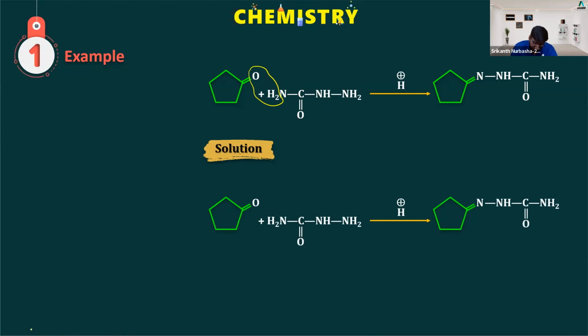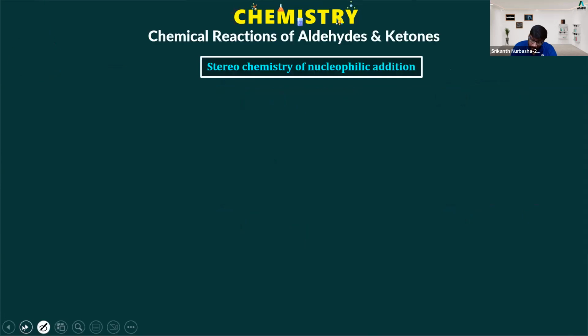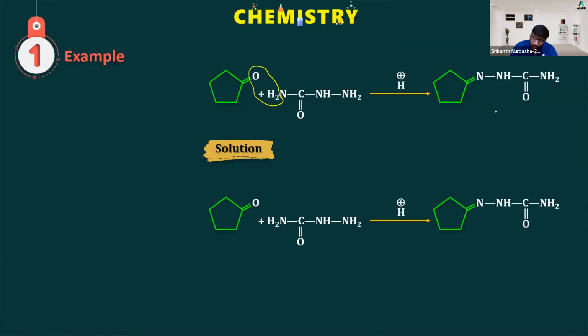Substrates are given, product also given. So they should at least ask what the product is, right? So this is a product which was asked. Mechanism we know: the lone pair of electrons on nitrogen attacks the electrophilic carbon, the pi electrons move away, then elimination of water occurs in the final stage.